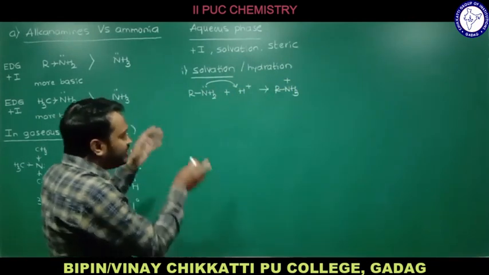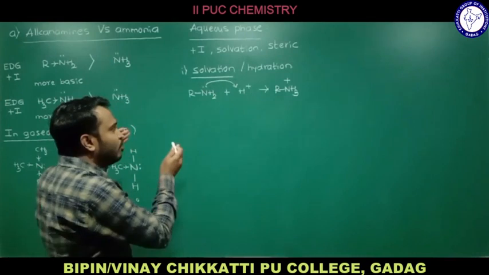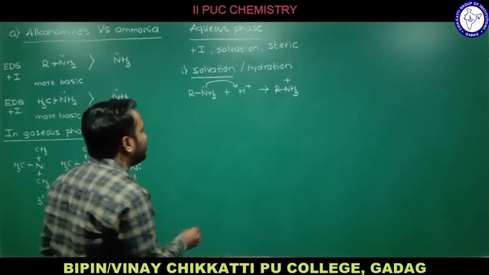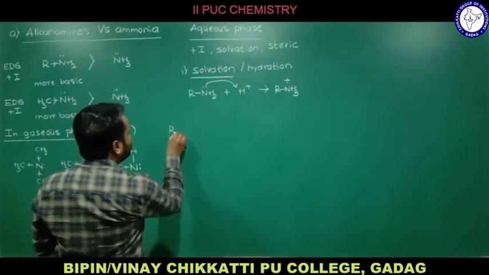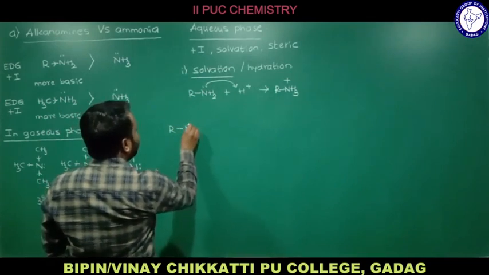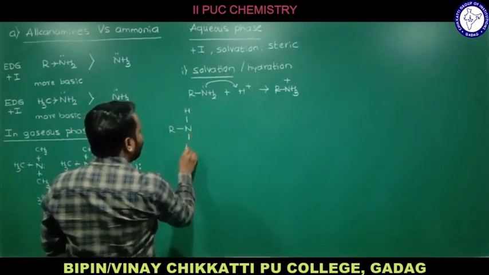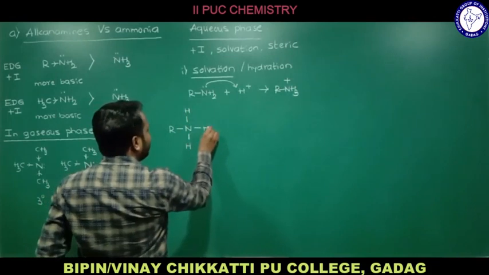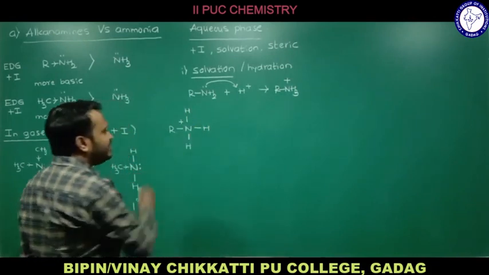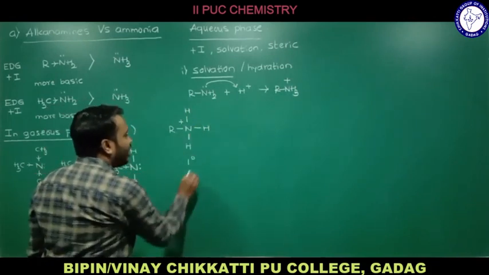Now we'll see the same cation in the case of tertiary, secondary and primary amines. So just observe here. I am going to consider the cations of primary, secondary and tertiary. This is the primary amine cation.